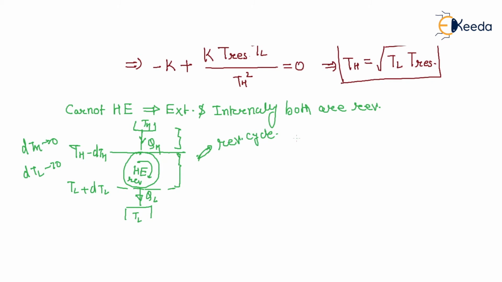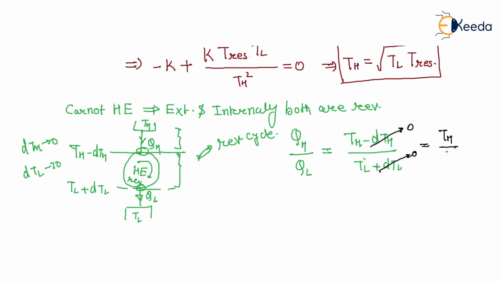If this is a finite temperature difference, this is a system boundary temperature difference. In this case, QH by QL is equal to, through the system boundary temperature, TH minus DTH and TL plus DTL. If it is externally reversible, this tends to 0 and this tends to 0. So what is that? TH by TL. Mind it, in this case, this is a reservoir temperature.